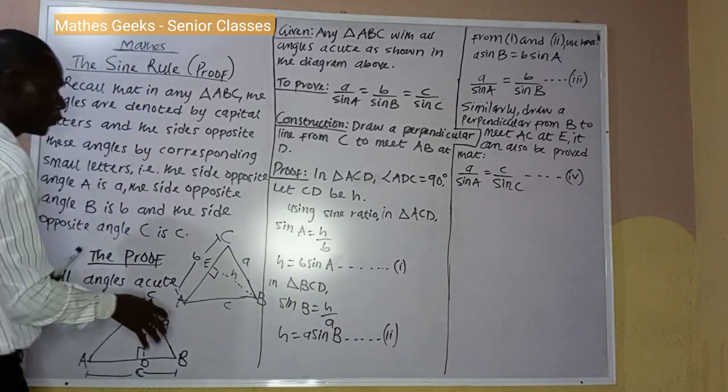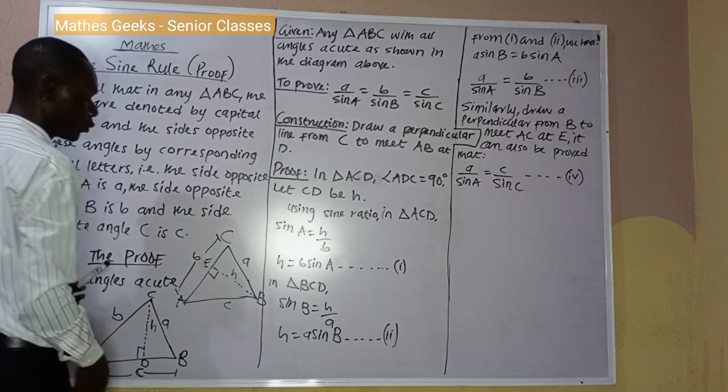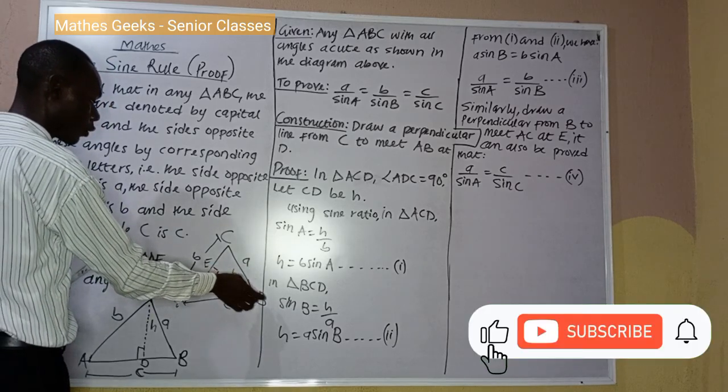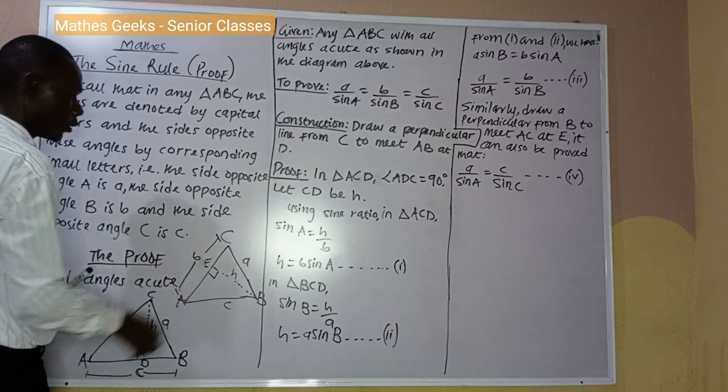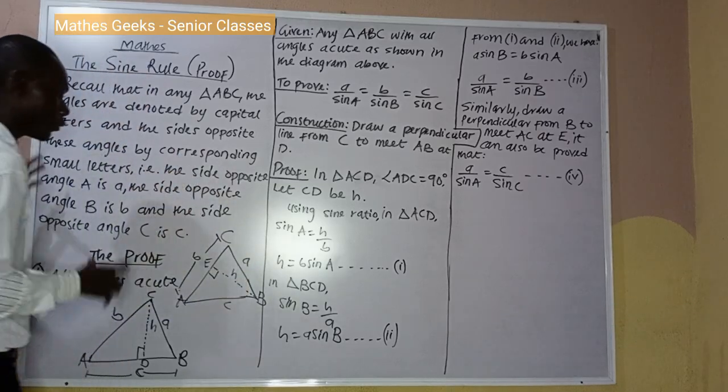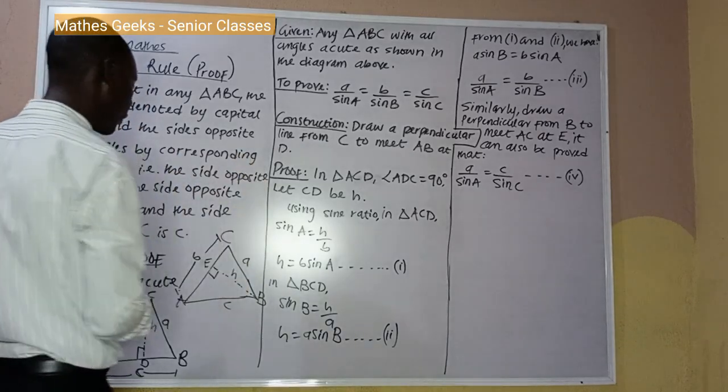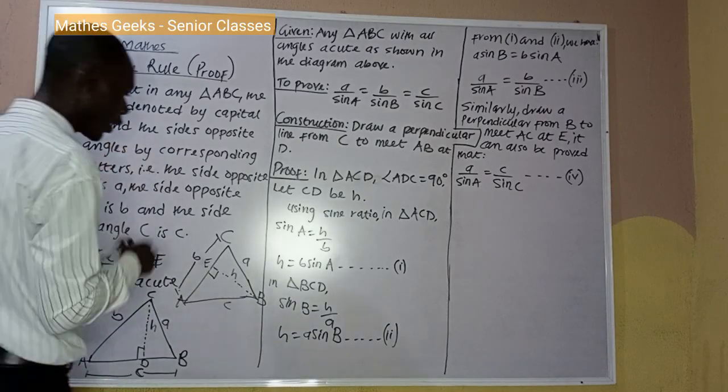Initially it was just one triangle, but after we produce the perpendicular to line AC at E, the perpendicular splits the single triangle into two separate triangles with a single height.